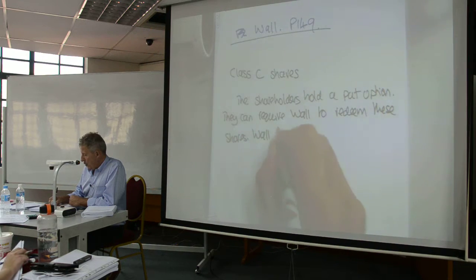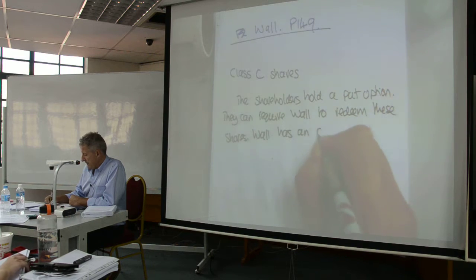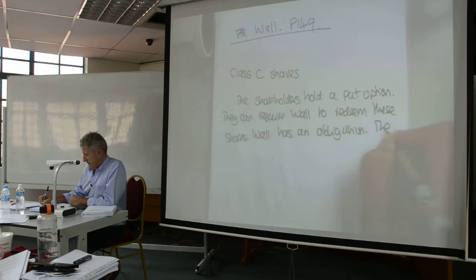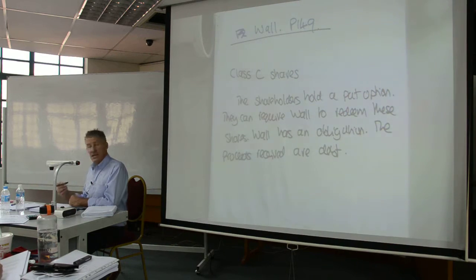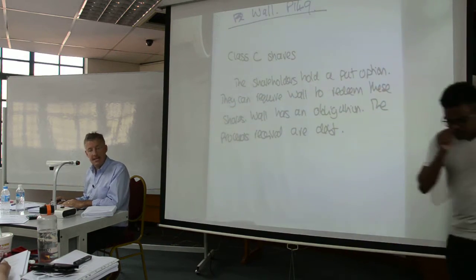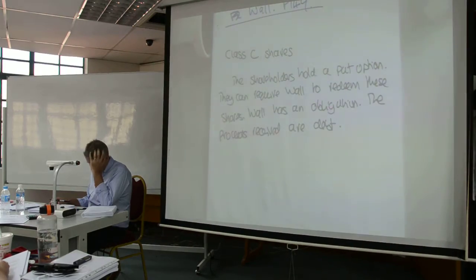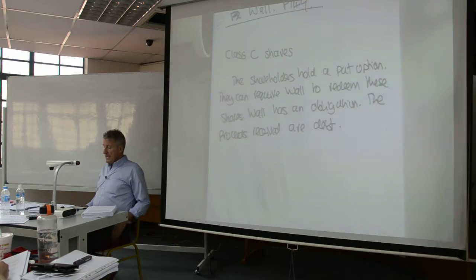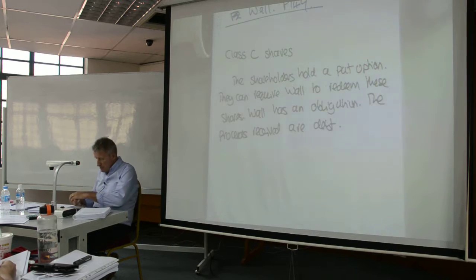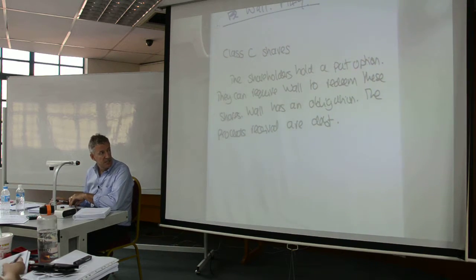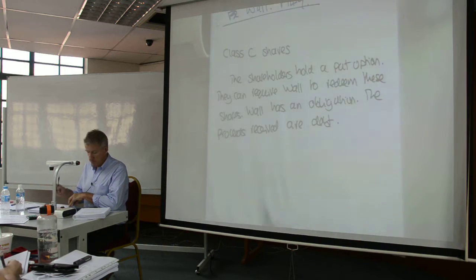Wall has an obligation. The proceeds received are debt. This instrument is a liability. So the shareholders hold a put option. They can require Wall to redeem these shares. Wall has an obligation. The proceeds received are debt. Full stop, leave a space in the paragraph.